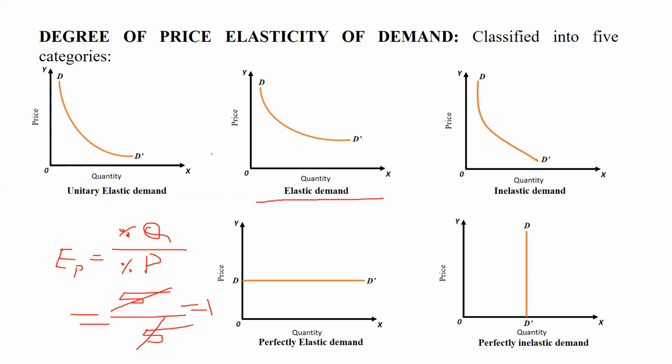Elasticity we always correlate with quantity. Elastic demand means there is less change in price, but a huge change in demand. And inelastic demand means a great change in price, but a very small change in demand.